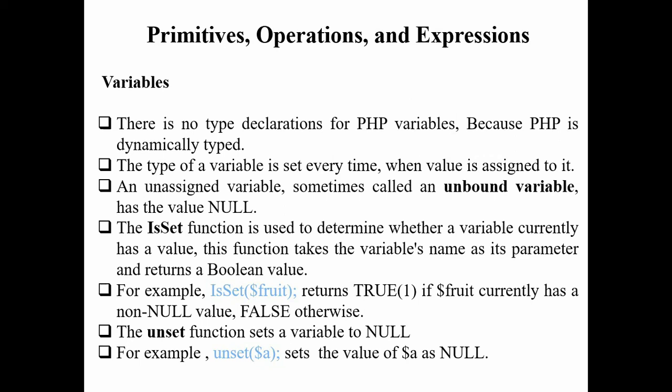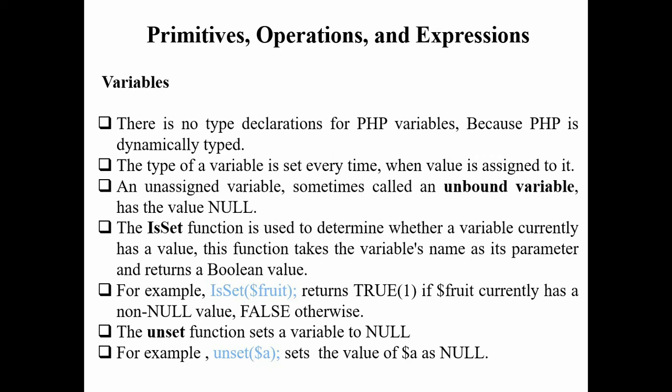An unassigned variable, sometimes called an unbound variable, has the value null. That means whenever we have a statement like $x; we are not assigning any value to x, so the system cannot specify its type. At that time it automatically sets the type as null.